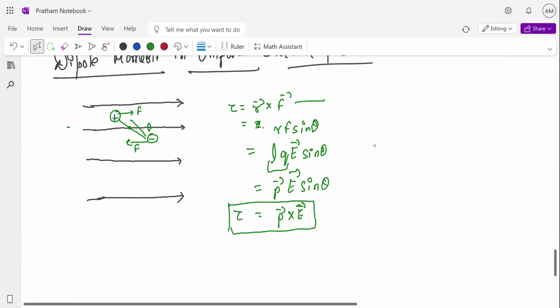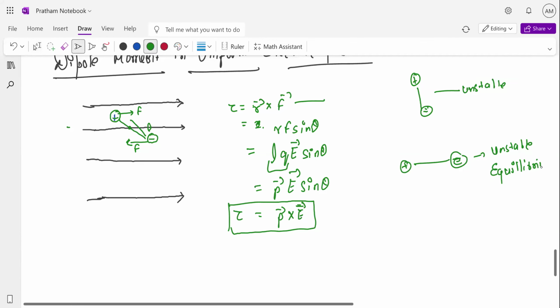We have checked out many cases. One is this case, unstable. Another was this case. It was an equilibrium, but what kind of equilibrium? It is unstable equilibrium. This case is stable equilibrium.